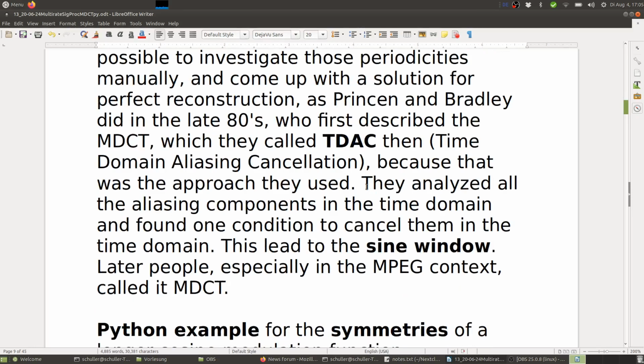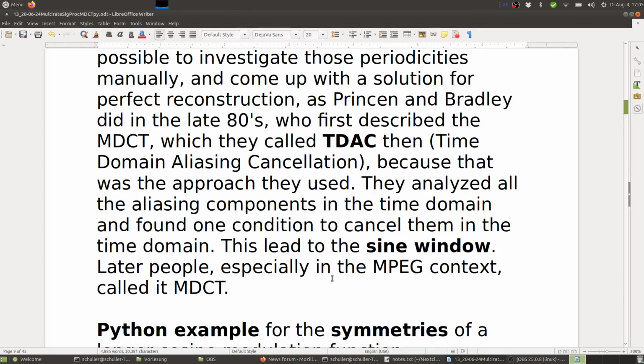Right? They analyzed all the aliasing components in the time domain and found one condition to cancel them in the time domain. This led to the Sine Window. So it turned out the Sine Window has the right properties to make all the alias components disappear in this case.